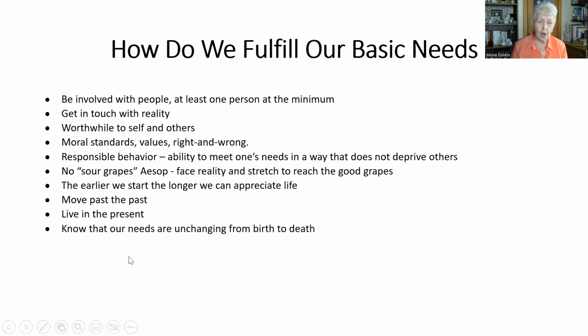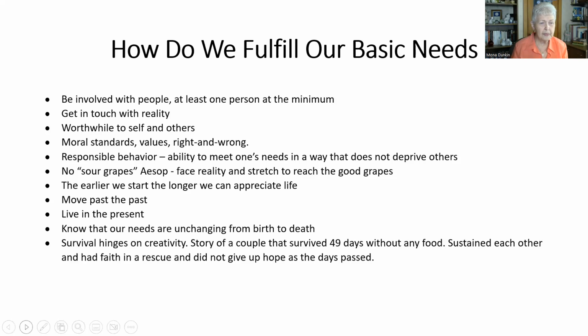And then to know deep down inside that our needs are unchanging from birth to death, that physiological need of surviving and those psychological needs of love and belonging and fun and freedom and power, those things never change as long as we are alive on planet Earth. And that survival hinges on creativity.